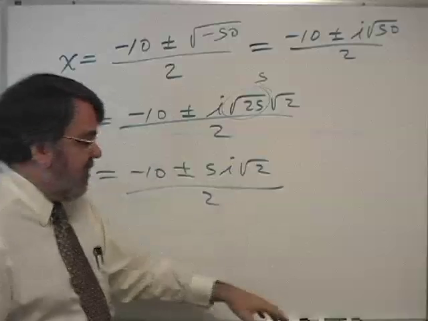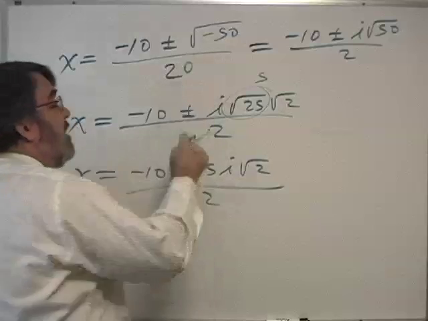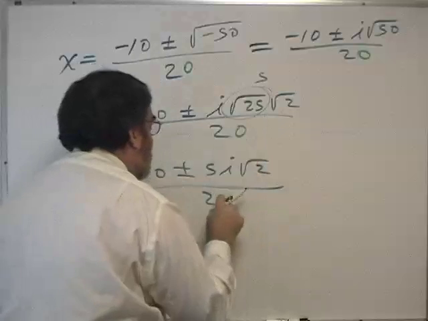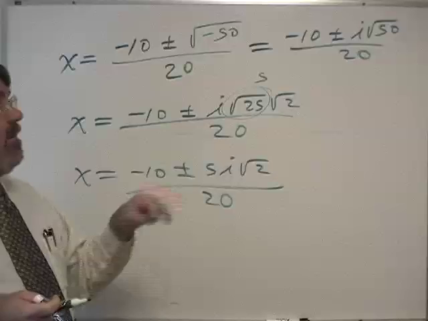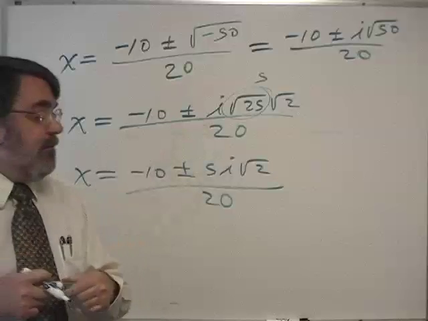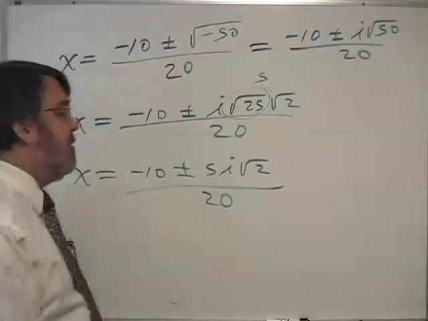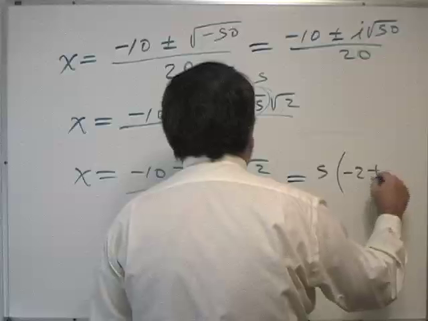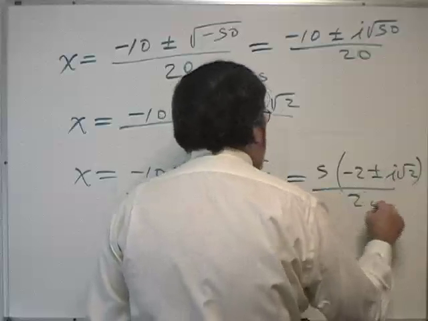Now, suppose that I had given you this problem, but suppose that was a 20 instead. All right, so new problem. It's the old one with a 20 down below instead of a 2. If that was the case, then we would factor the 5 out, and that would leave negative 2 plus or minus i times the square root of 2, over 20.